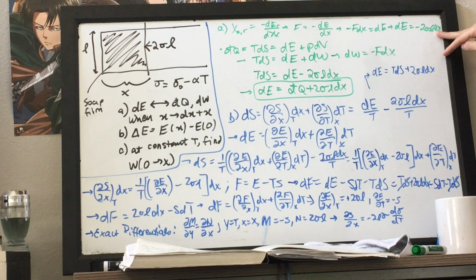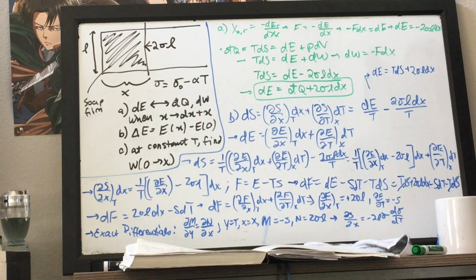Now we know an equation for our inexact differential dq for heat. That's equal to the temperature times the change in entropy, and the temperature times the change of entropy is equal to the change in energy plus the pressure times the change in volume.